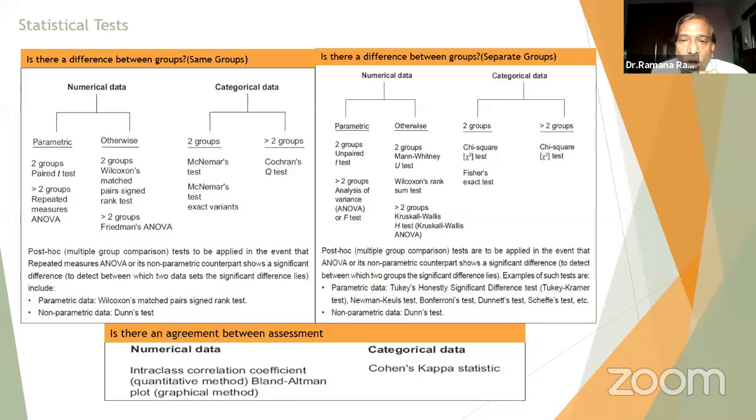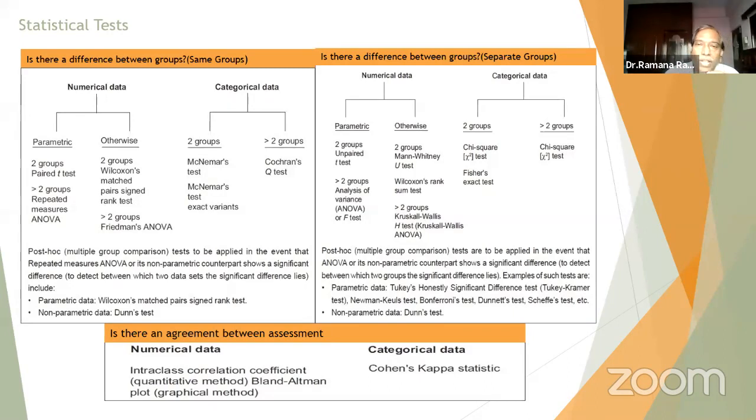This is mostly between reviewers. For example, you have submitted your argument to two reviewers. Say your publication consists of four or five questions. The two reviewers will say accept or reject on all the five points that you have mentioned in the research.